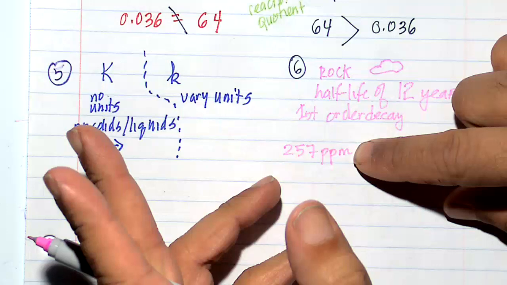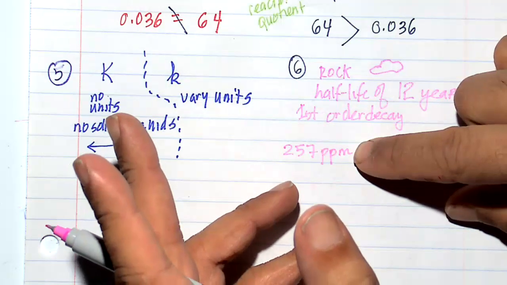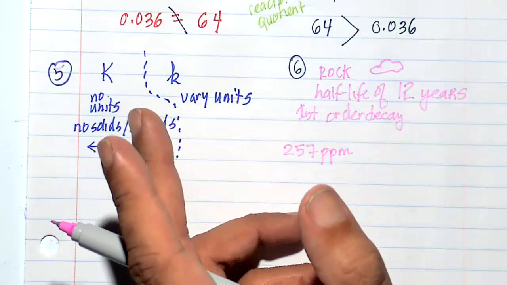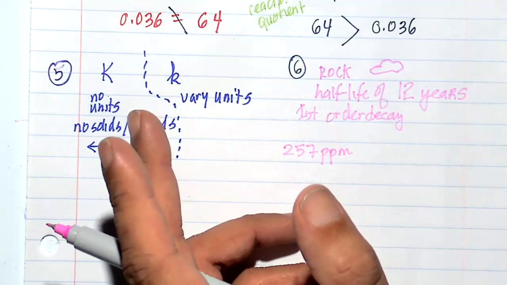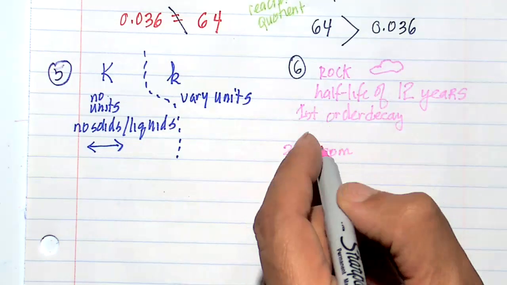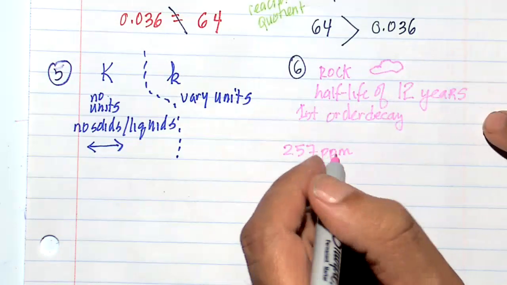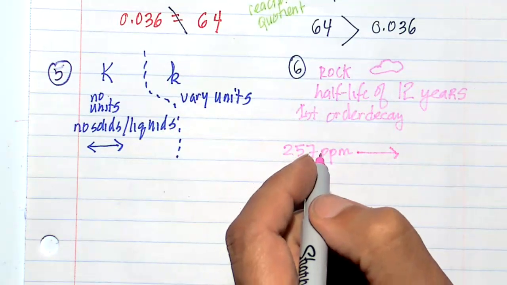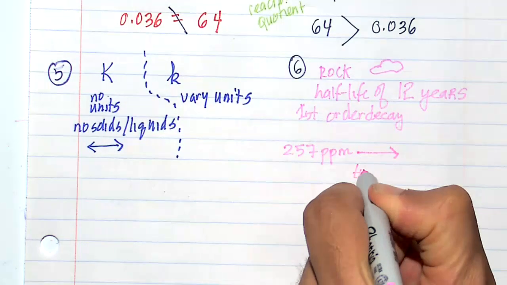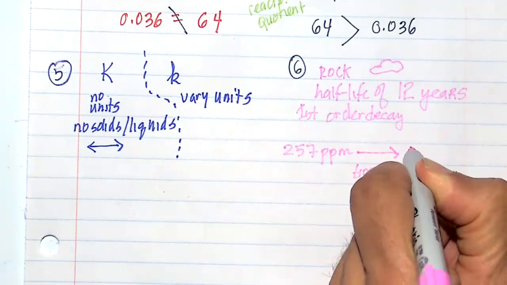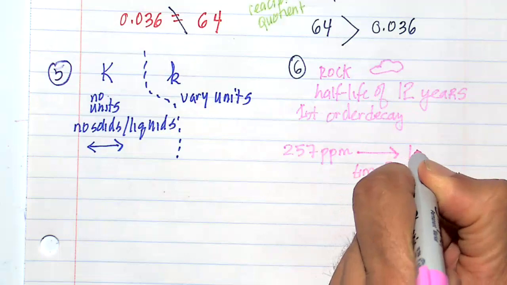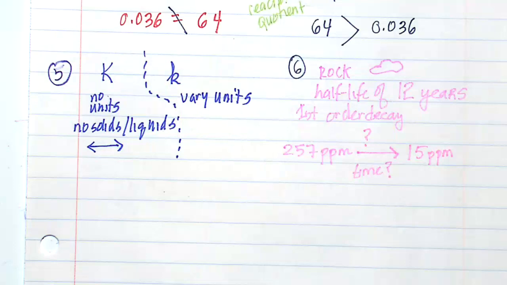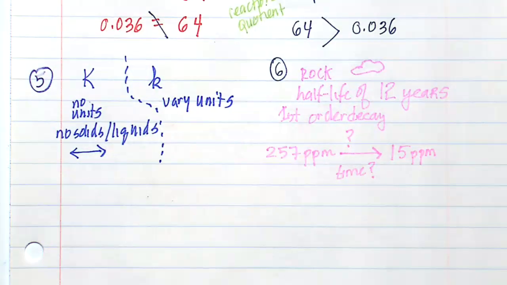You really don't need to know this to solve this problem, but ppm is a unit, like your tap water has so many parts per million that's deemed safe to drink. So I have 257 ppm of this rock, and I want to know the time it takes to get to maybe 15 parts per million. Everyone see this problem that I've constructed here?